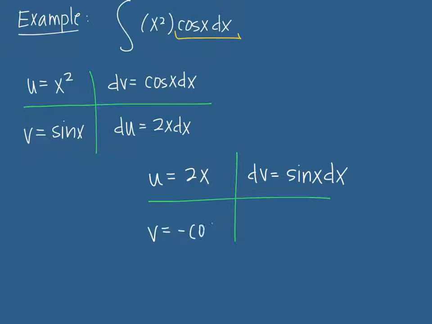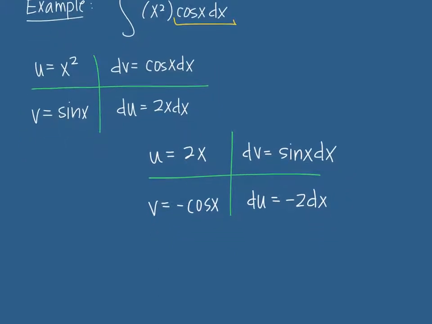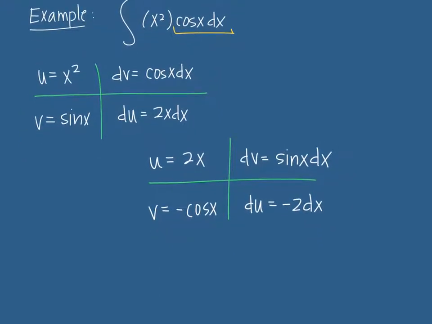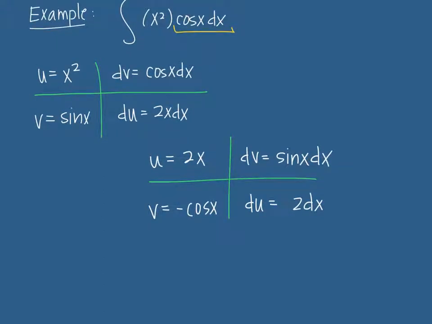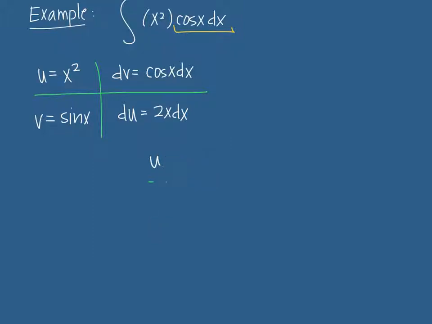So v is negative cos x and du is negative 2 dx. You want to do it like that? I guess that's okay. I hadn't thought of doing it that way, just doing it right away. Oh, no, positive, positive, positive. Yeah, we just skipped 2 or 3 steps. All right. I was tracking with you, Jerry. I know what you were doing.